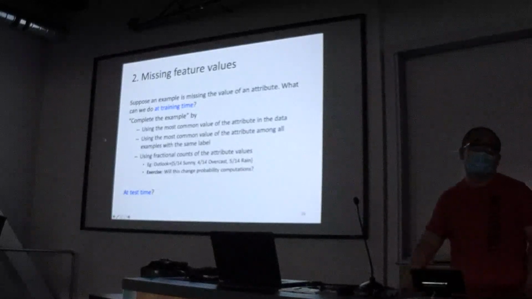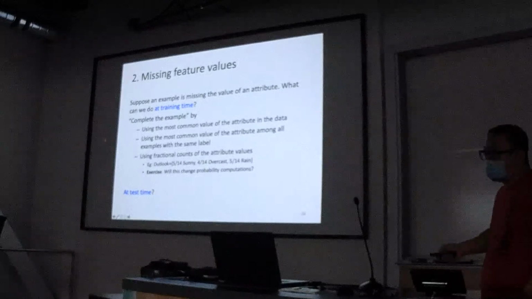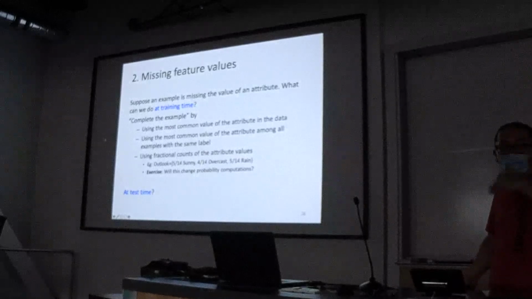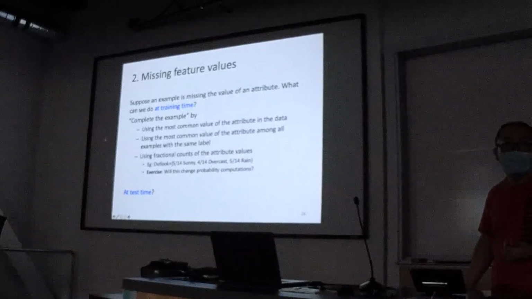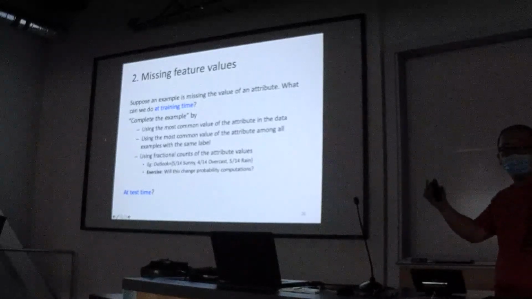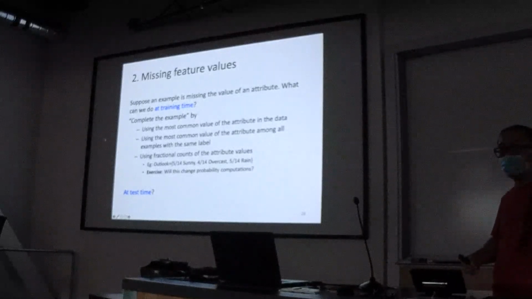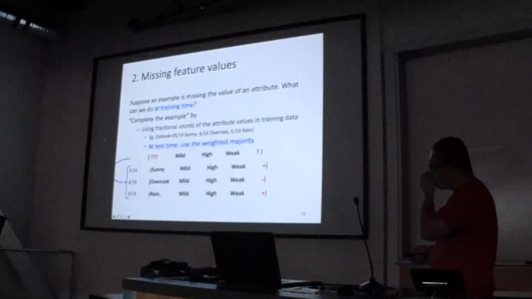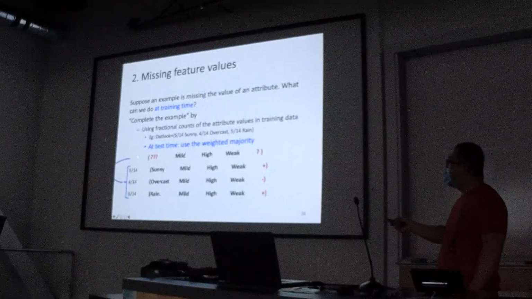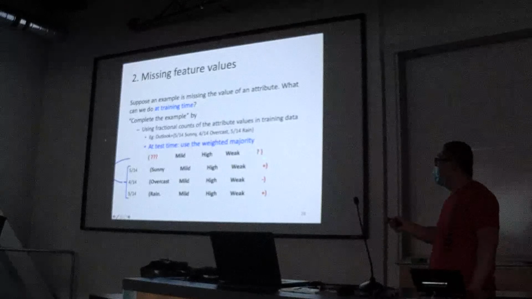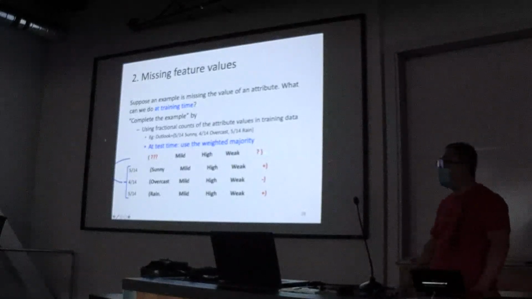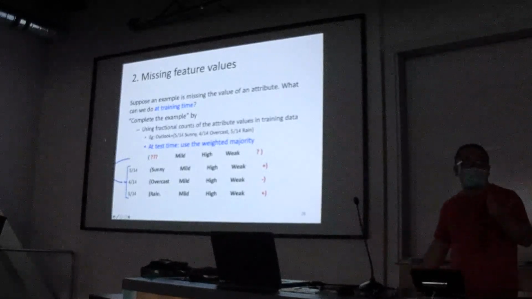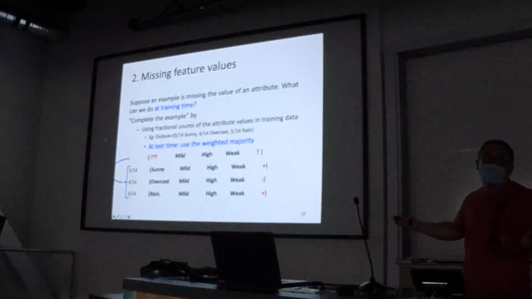But we can also use the third one, taking the Outlook attribute as the example again. We get 3 fractional test examples, and for each fractional test example we get some prediction. Now we just look at which label has more weight. To be more concrete, suppose you're given a test example here. We don't know the Outlook feature value, and we don't know the label. That's something we want to predict. So we break it into 3 fractional examples, and the fraction is the probability that Outlook takes each value.